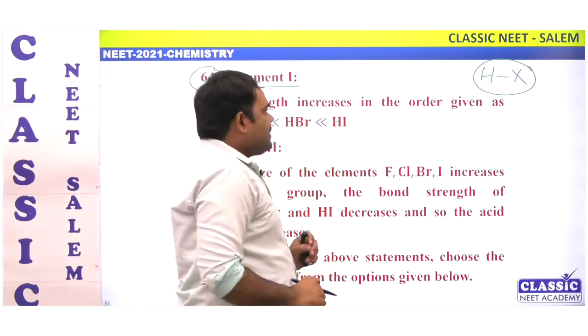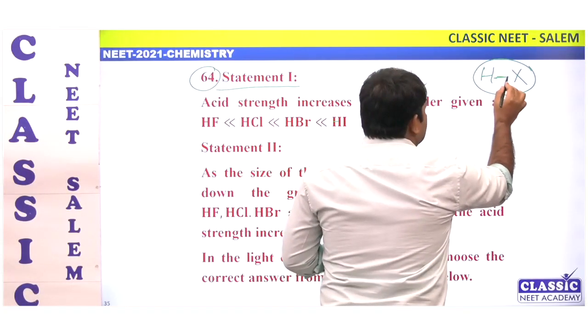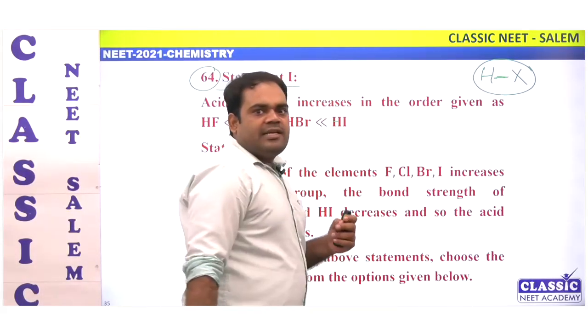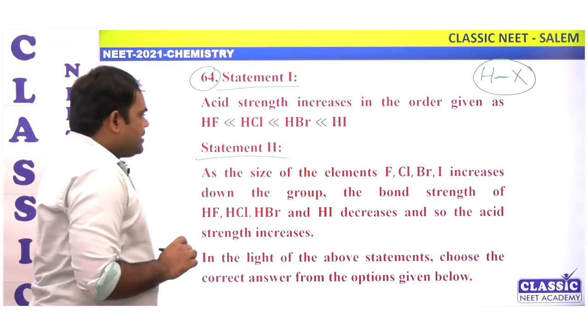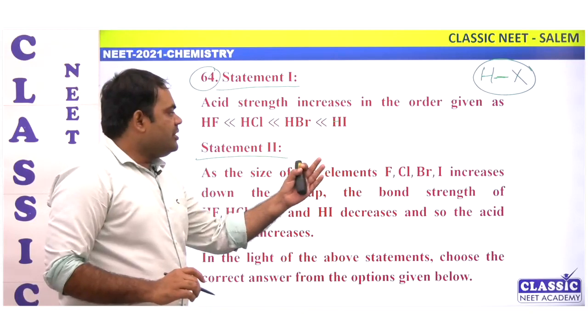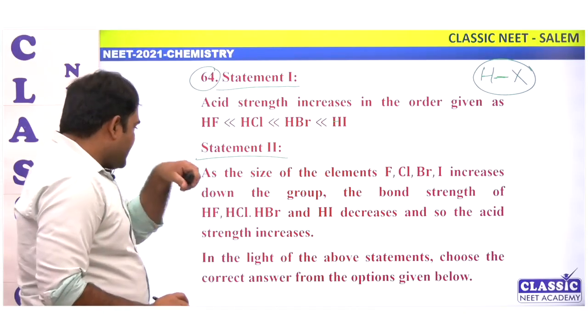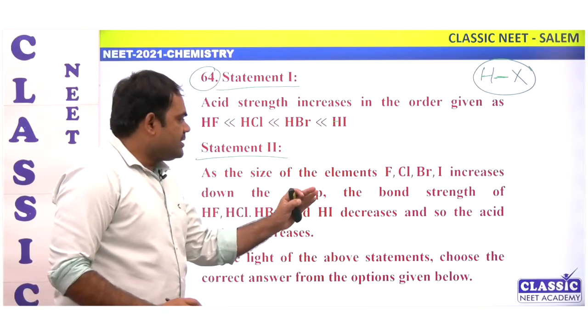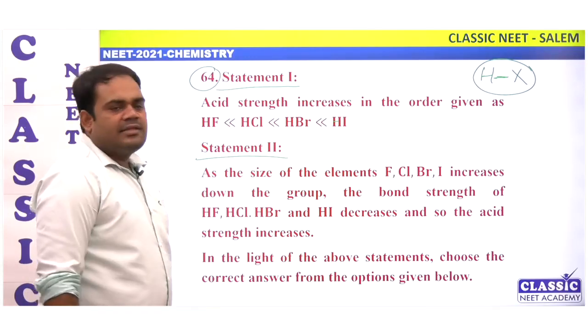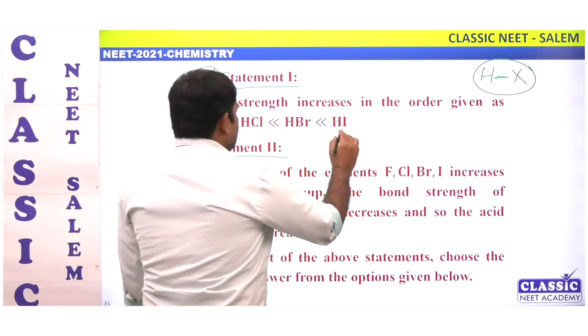Why? Because the bond distance is increasing, so hydrogen can easily be liberated. Here statement 2 says that as the size of the elements fluorine, chlorine, bromine, iodine increases down the group, the bond strength decreases, and so the acidic strength increases. So both are true.